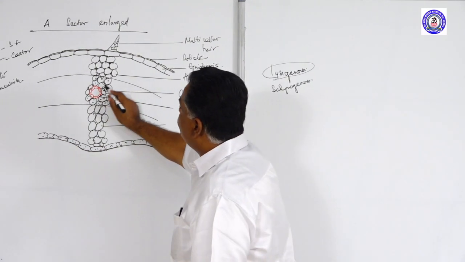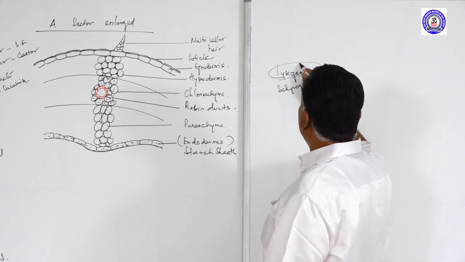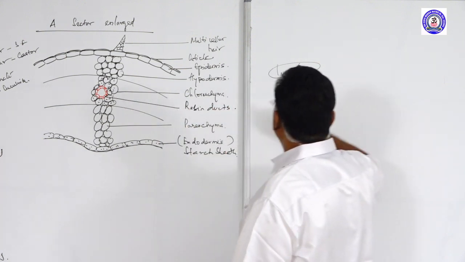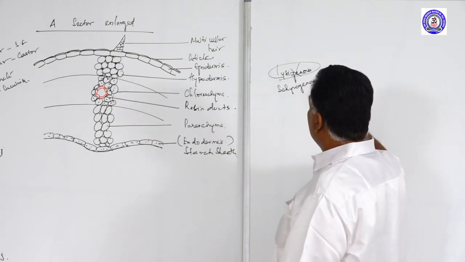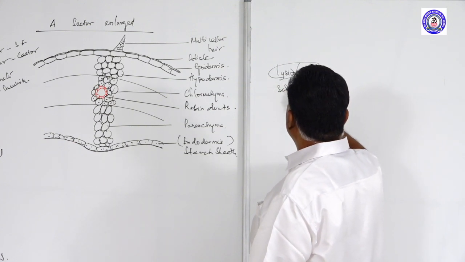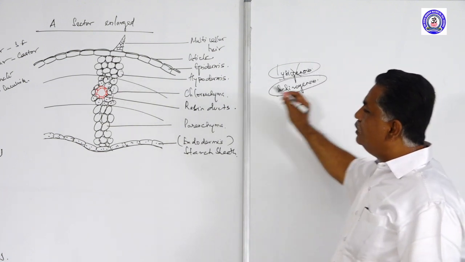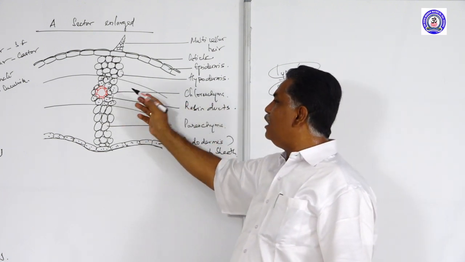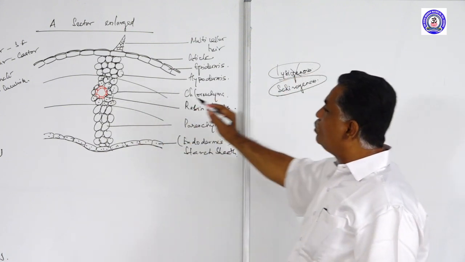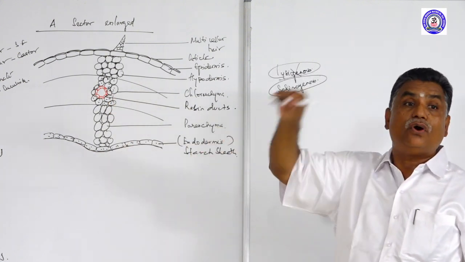When these ducts are formed in the chlorenchyma, if all the cells of the chlorenchyma disintegrate and a cavity is formed, that is called lysigenous. Schizogenous means that when these resin ducts are formed, part of the chlorenchyma cells are retained and new cells are produced from them. That is called schizogenous in origin.